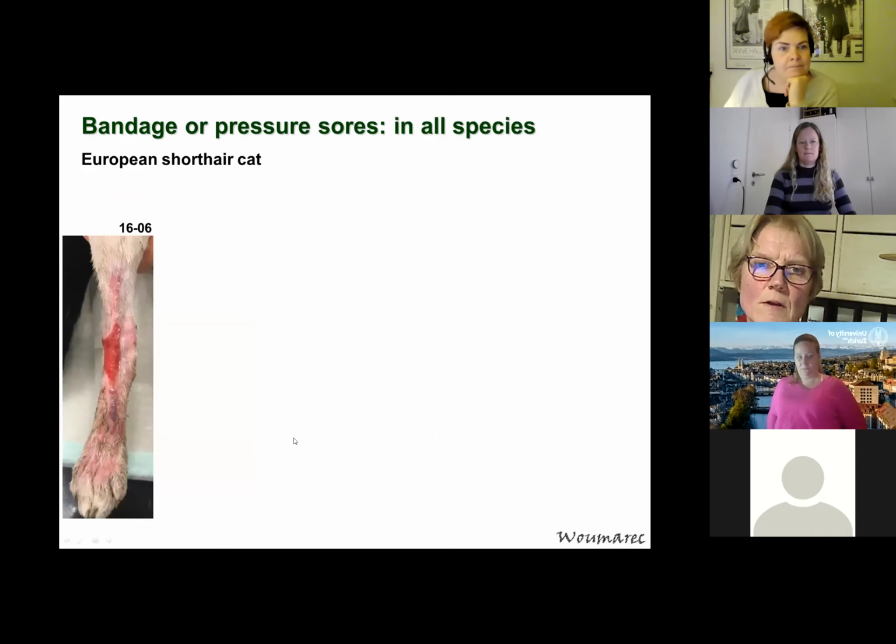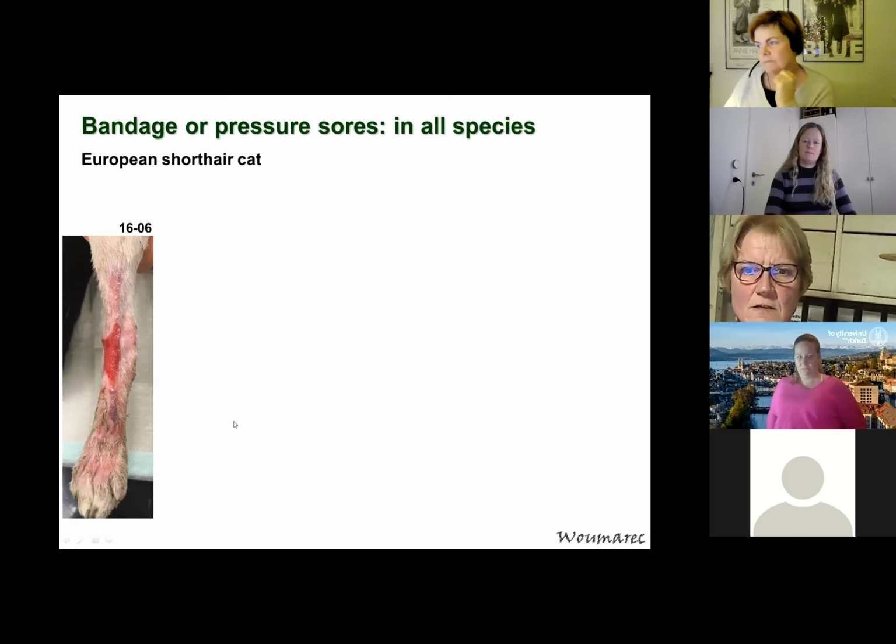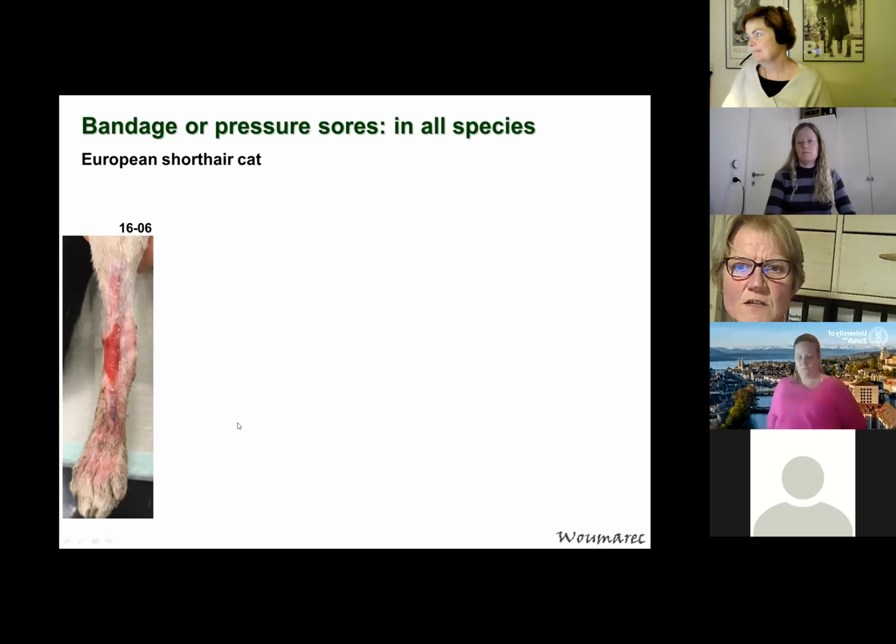Another example, you may know that I'm a consultant, so colleagues approach me with difficult wounds, both small animal and equine patients, and what I see quite often are hind legs of cats, that if there is a wound in some part of the hind leg, somewhere in the process of bandaging additional wounds occur. And this is an example of a European short-haired cat, which had a nice healing wound.